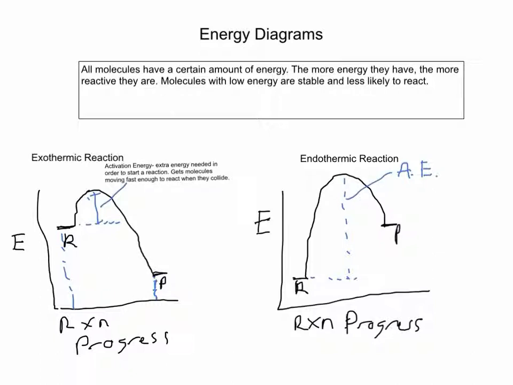The only other thing to point out here is, what if I add a catalyst? Well, a catalyst speeds up a reaction, but does not get used in the reaction. So a catalyst is going to lower the activation energy.